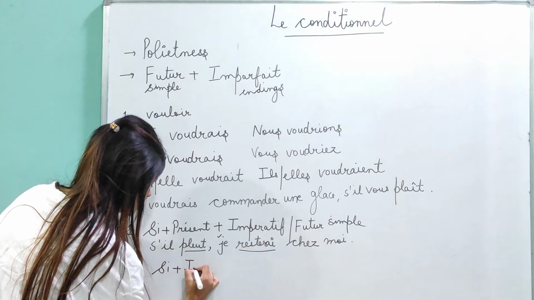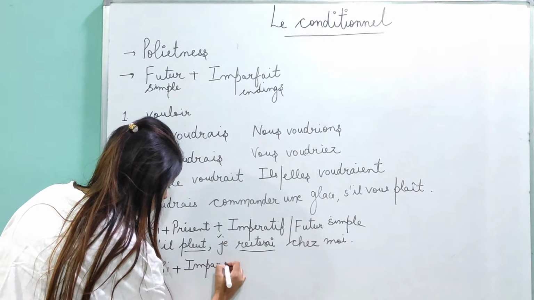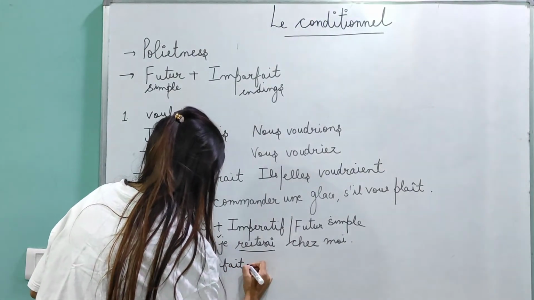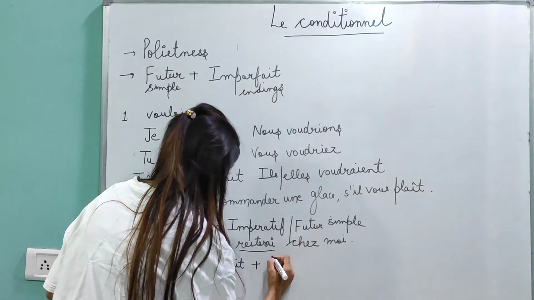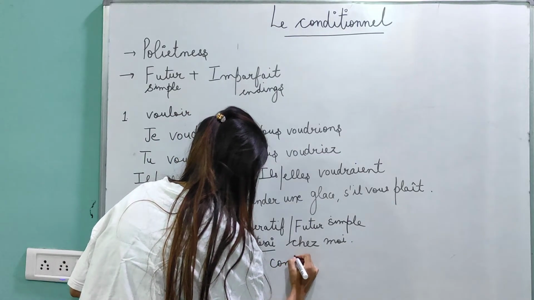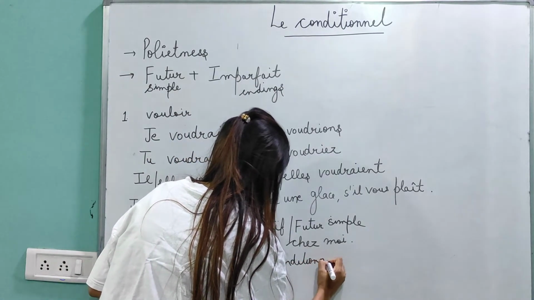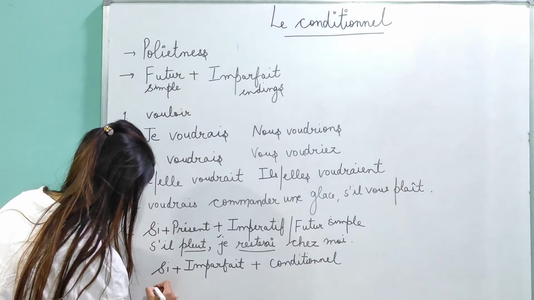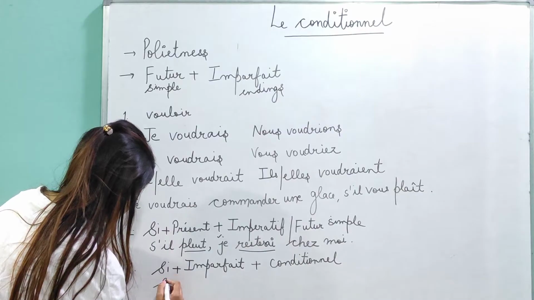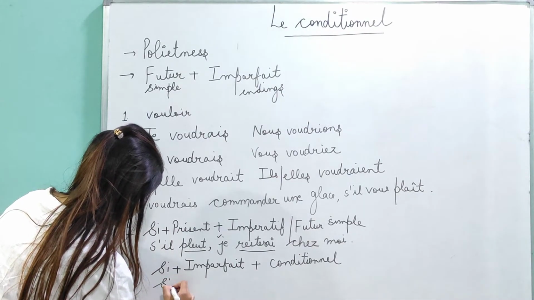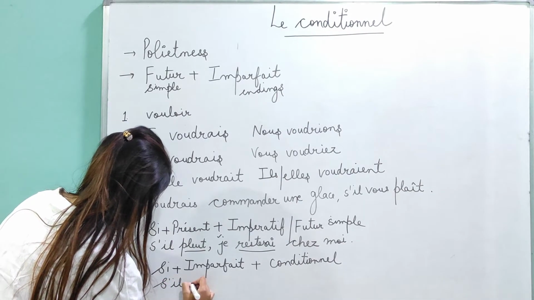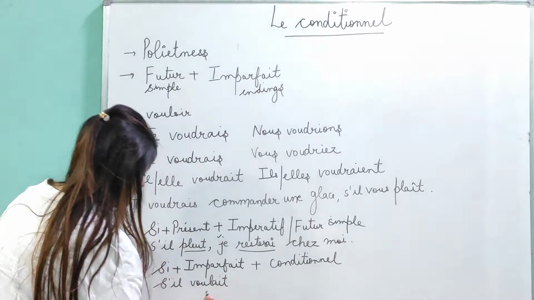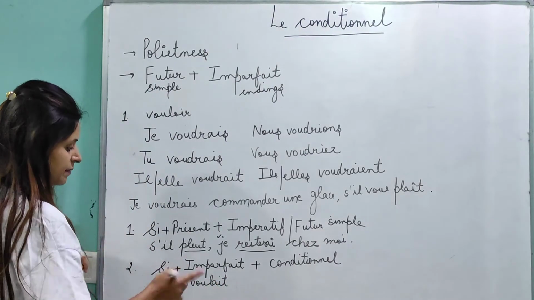Si plus imperfect, conditionnel. So let's conjugate this also. So I'm taking vouloir verb in imperfect.